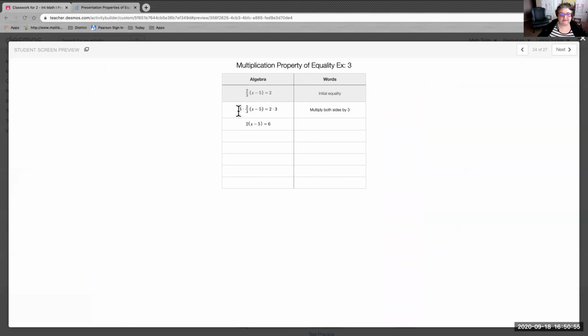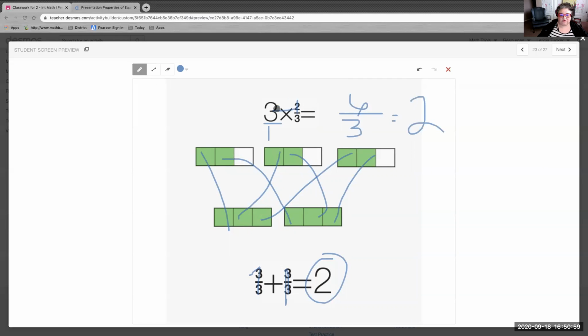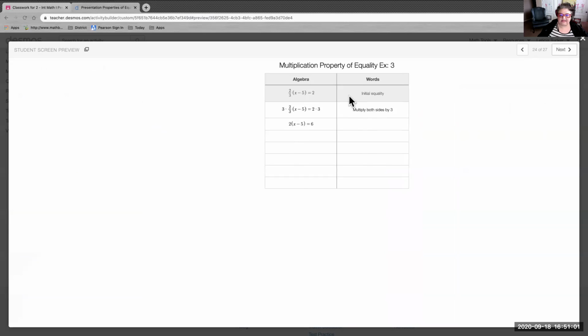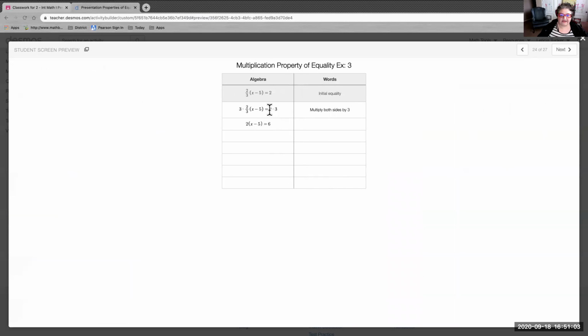So I'm going to multiply this like I did over here, 3 times 2/3, and that's going to give me 2, and then 2 times 3, and that's the simplify. And yes, we still have more work to do there, but that's the multiplication property. That's another way to use it.